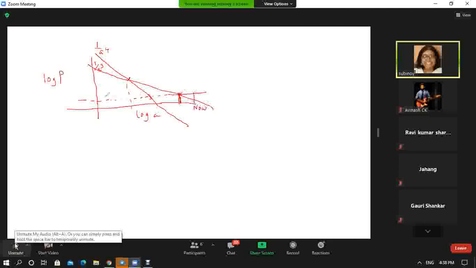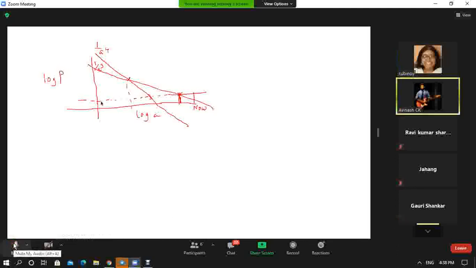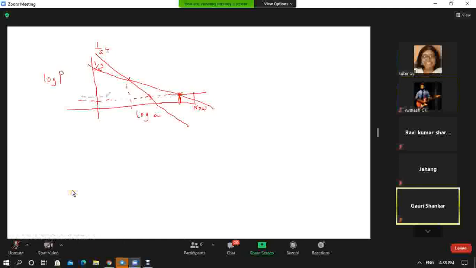Now you see, if I increase it a little bit more, will it move left side or right side? Left side. Now it is clear. See, I am increasing it a little bit more, so you can see the cross happens a little bit earlier here. Clear?